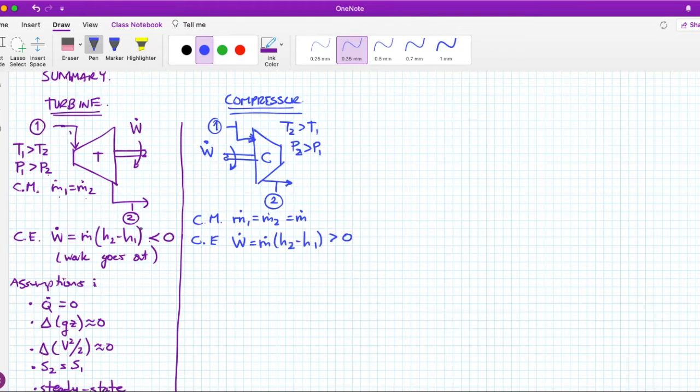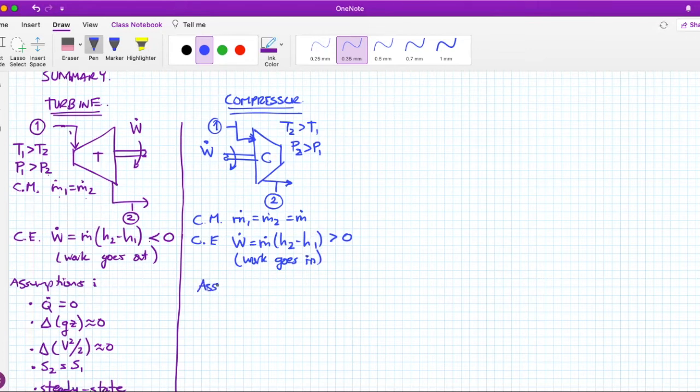It's the same formula as in the turbine, but now the work should give you a positive value. That means that work goes in, or mechanical power needs to go in. Otherwise, this machine doesn't do anything. It doesn't function.